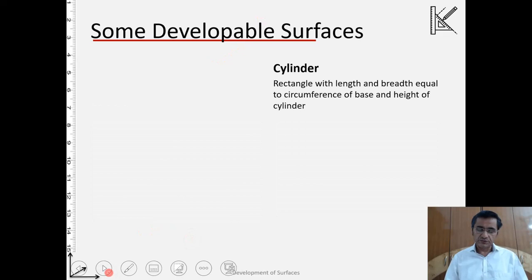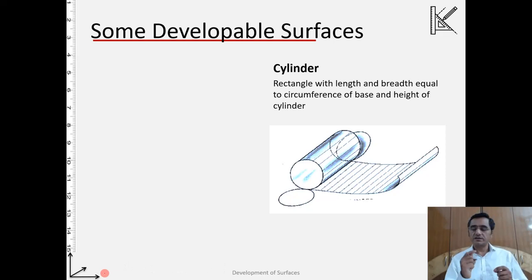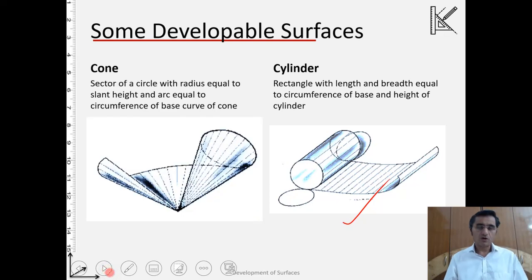Similarly here, as we discussed, a cylinder, yes, that's a cylinder, and the height and the circumference of the base of the cylinder will be equal to the width and the length of the rectangle we get after unfolding or development. Also here, a cone.